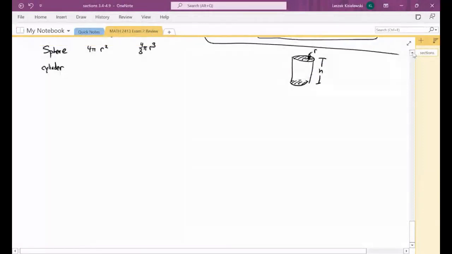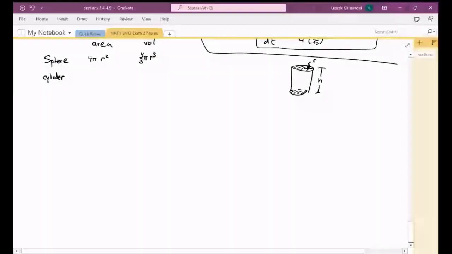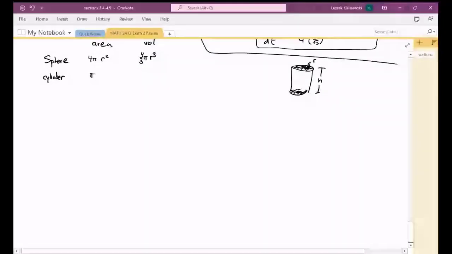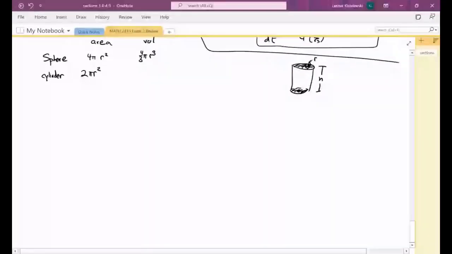So cylinder, what's the surface area? Well, it's 2 circles on top and bottom. So, assuming it's not an open cylinder, you get an area of a circle twice, because of the top and bottom. And the lateral side, of course, you can just unfold.